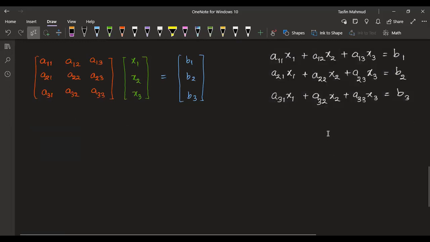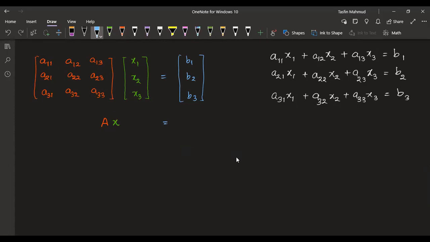Okay, so if we want to solve for x1, x2, and x3, what we have to do, we have to perform matrix inversion, right? We have to take the inverse of these matrices. By the way, we may write in simpler notation, like we may write the coefficient matrix as A. We may write this vector as x, and we can write it as equals to b.